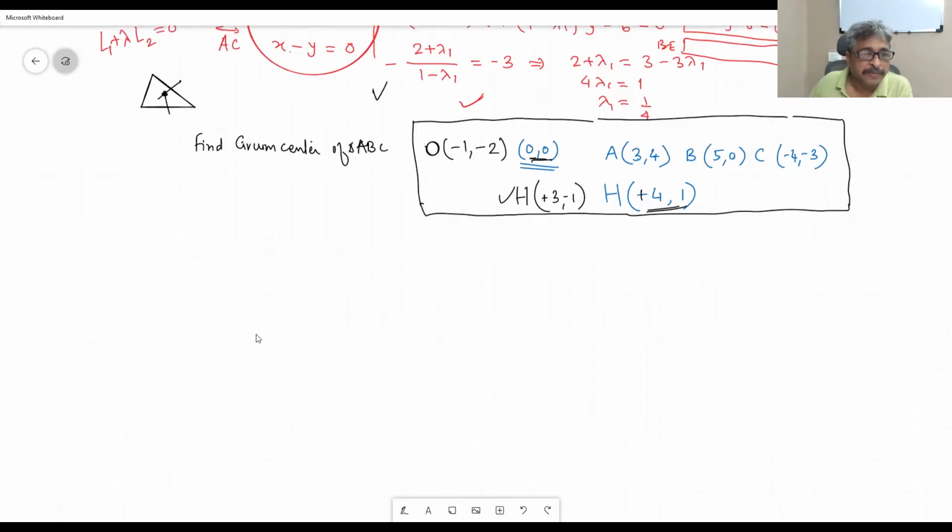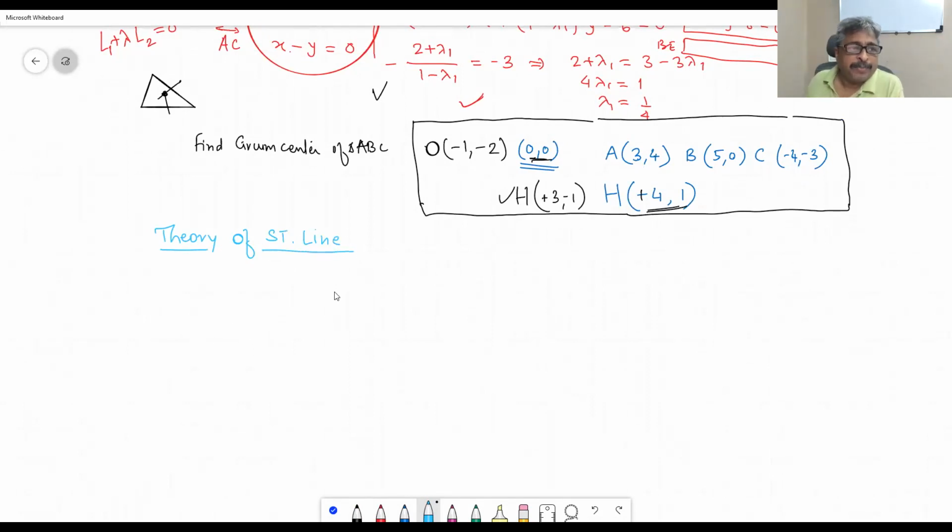Let us do theory. Theory of straight line. In fact, this should have been done in the beginning of coordinate geometry, but if I go into the theory of straight line and do a lot of abstract algebra, then you might not be able to understand what is happening.